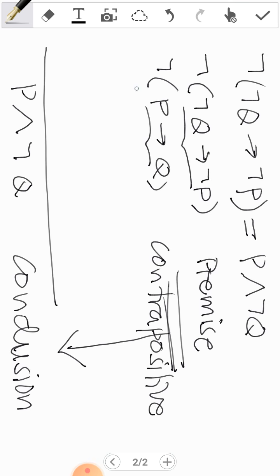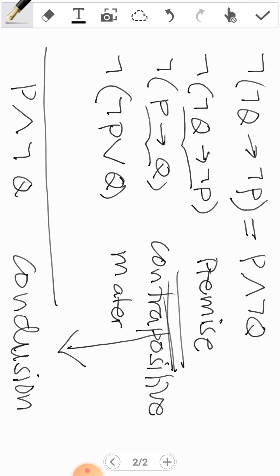So using now material implication, you will now convert this as, number 8 says, P implies Q is equivalent to not P or Q. So this is number 8, material implication. Using material implication.